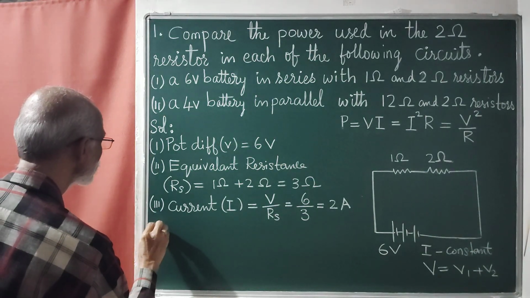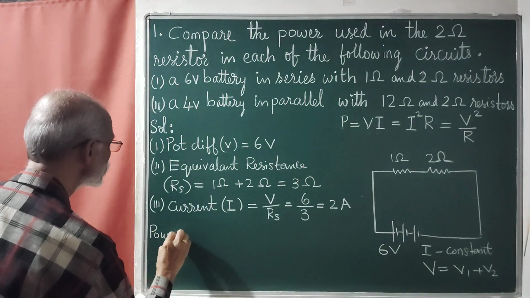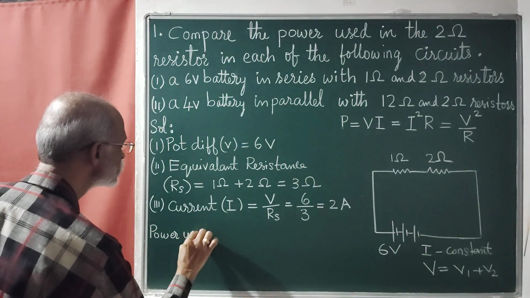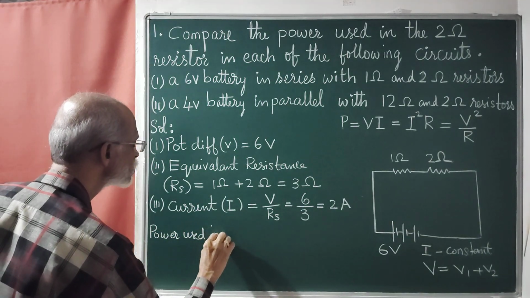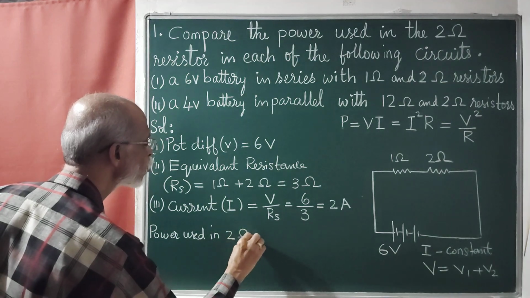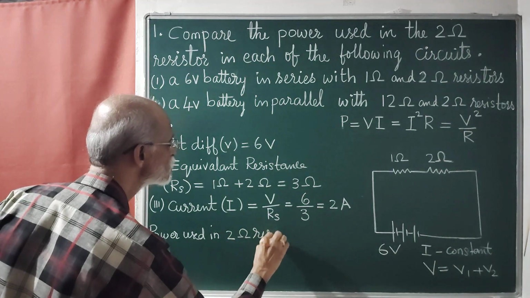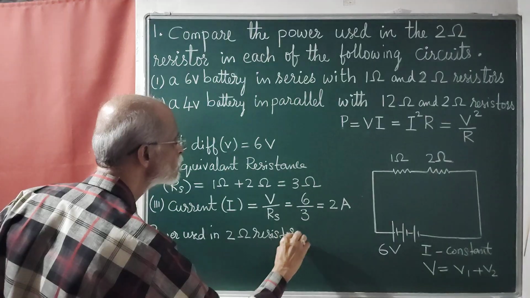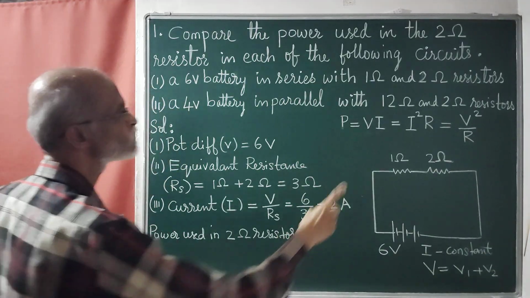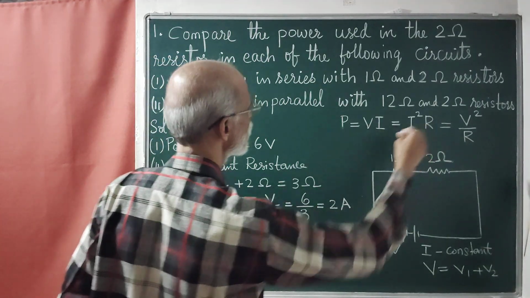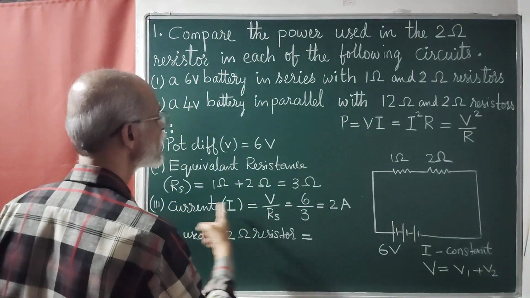So the power used in the 2 ohm resistor is equal to, the formula is P is equal to I square R. So what is I? I is 2 amperes.